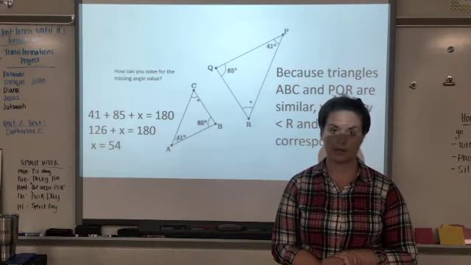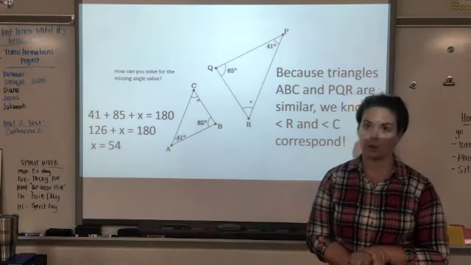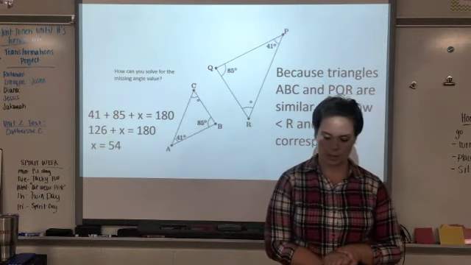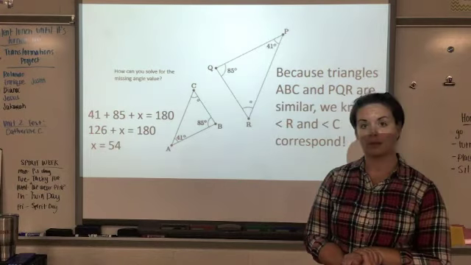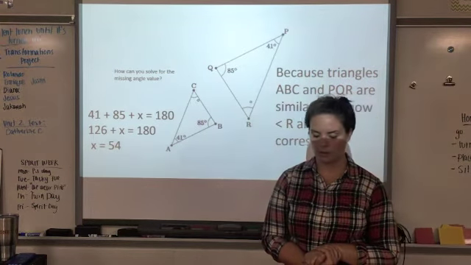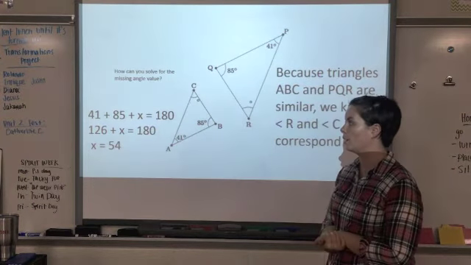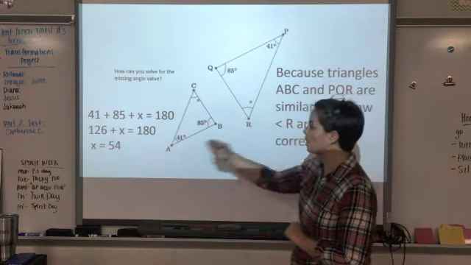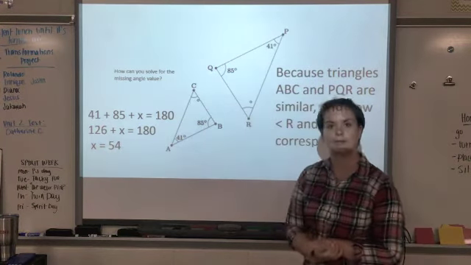So because triangles ABC and PQR have matching or corresponding angles, we can assume the triangles are similar. Since the triangles are similar, we know that solving for the value of angle C will also give us the value of angle R. So, because we know that angle C is 54, we also know that angle R is 54.